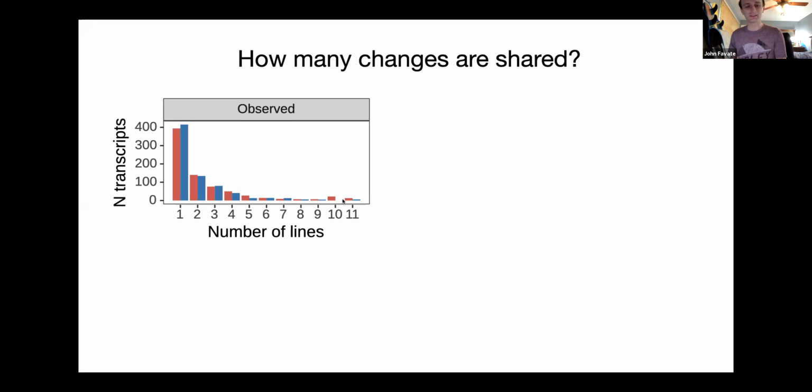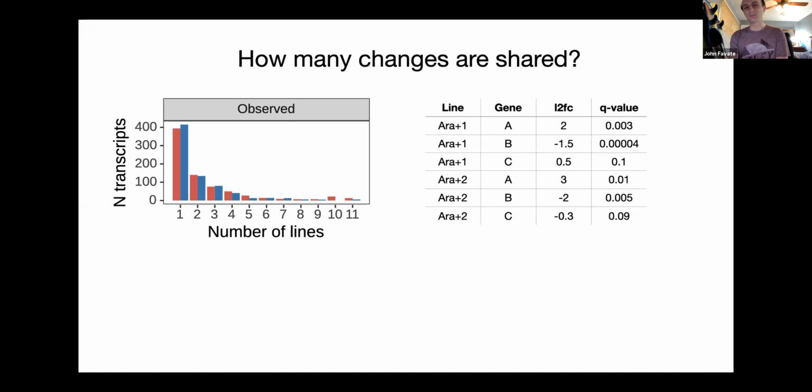How many genes would you expect to see follow this pattern given all of the data we have? So what I did is, imagine this table where I have each of the evolved lines, and then information on all of their genes: their fold changes and their statistical significances. I shuffle those around within each line and then redo the calculation that gives you this graph.